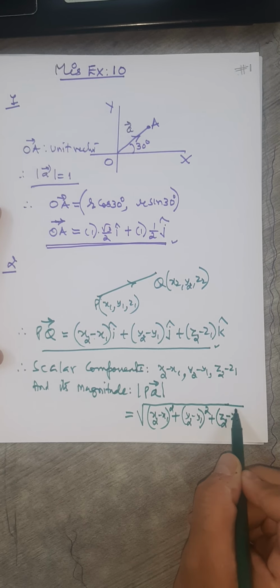Then you are given that she walks 3 kilometers in the direction 30 degree east of north. So this is north here. In the north, 30 degree east. So this is towards east, remember. This is 30 degree, remember.